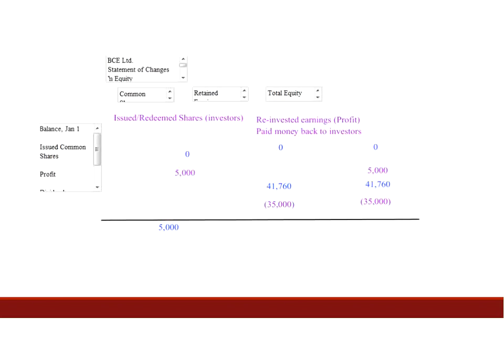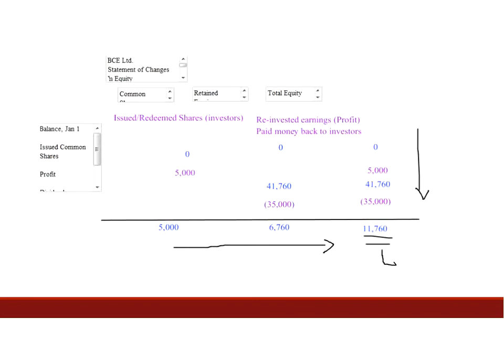And so really we've only retained $6,760 inside of the organization. And so the total equity, which is our common shares plus retained earnings, would be $11,760. And we can do that through adding up this column here or this column here to get our total equity.